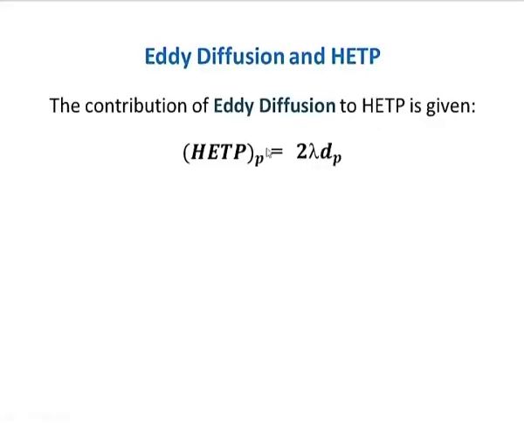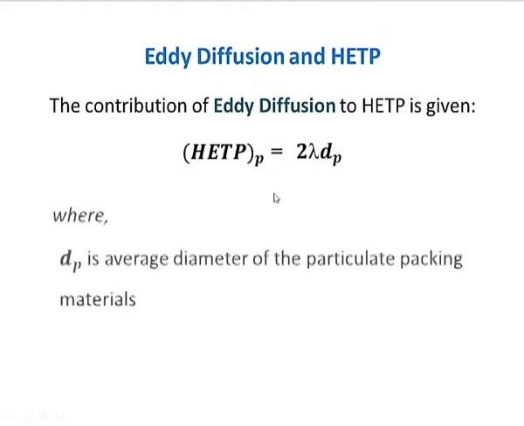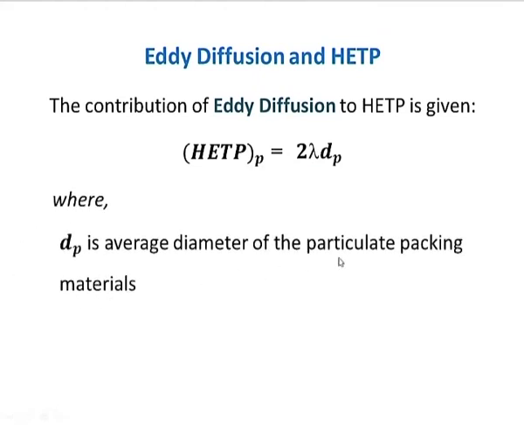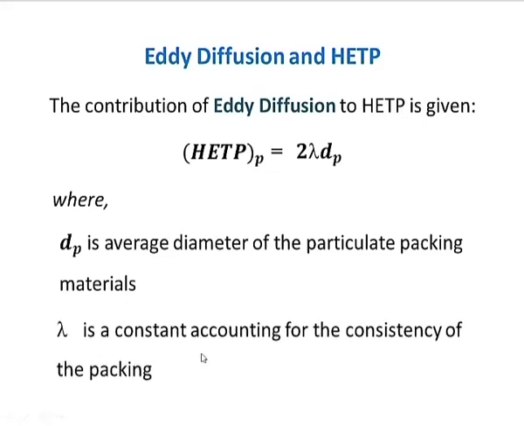It is equal to 2 lambda dp, where dp is the average diameter of the particulate packing material and lambda is a constant which accounts for the consistency of the packing.